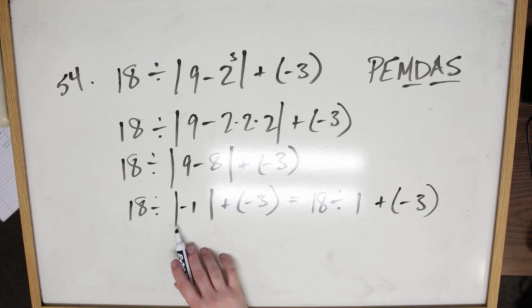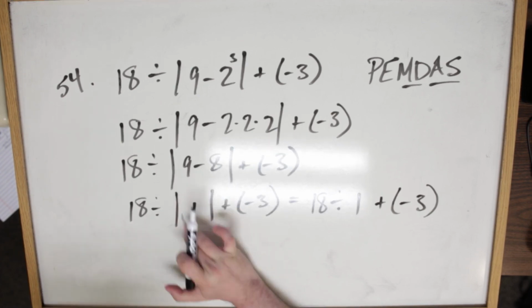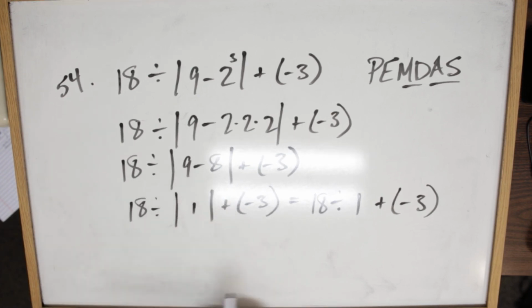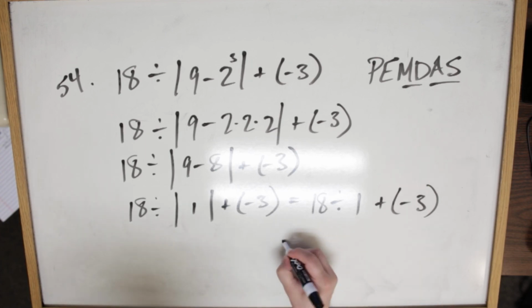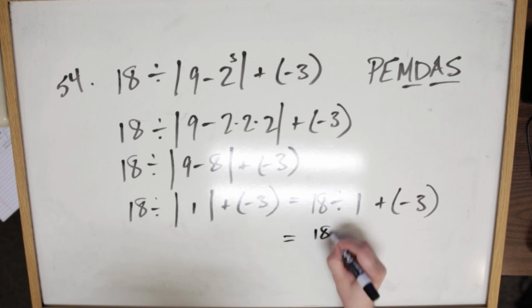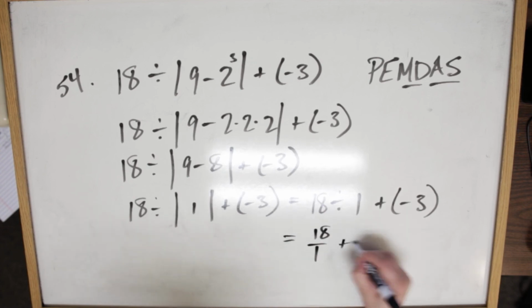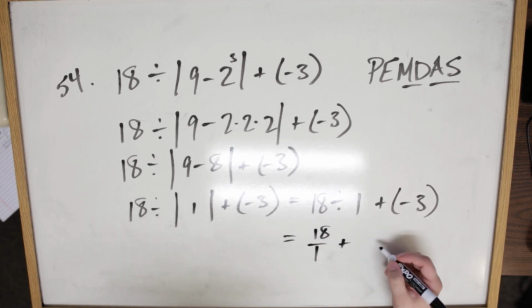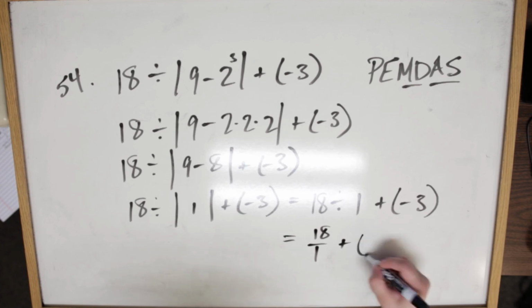Because I'm taking the absolute value, and what that means is you treat it like a distance. It's positive. So anything that's inside of an absolute value, just change it from negative to positive. So this is what we get, and now I'll do the 18 over 1. Change it to a fraction, and then this is going to become a plus a minus 3.